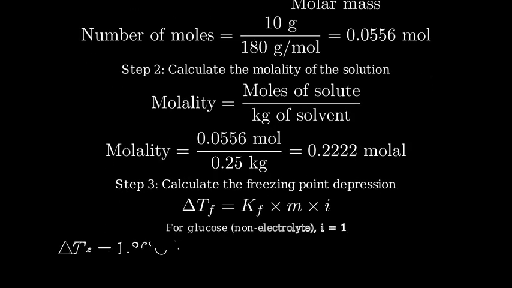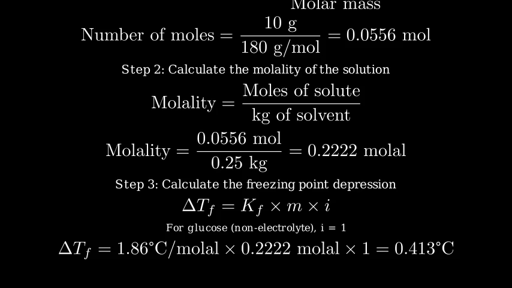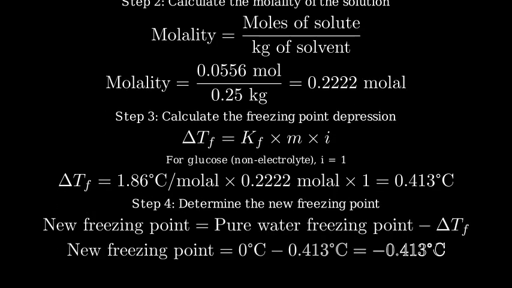Step 3. Calculate the freezing point depression using the formula ΔT_F = K_F × m × i. Glucose is a non-electrolyte, so i equals 1. ΔT_F equals 1.86 degrees Celsius per mole times 0.2222 mole times 1, which gives us 0.413 degrees Celsius. Step 4. Determine the new freezing point.